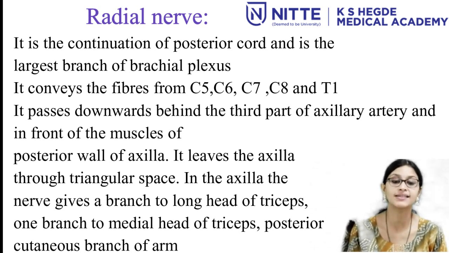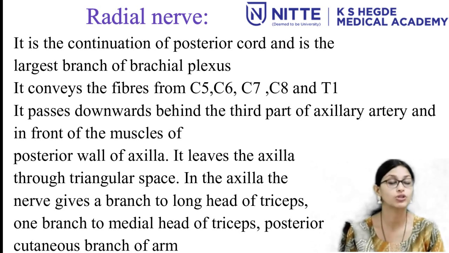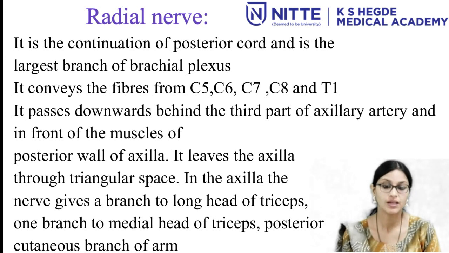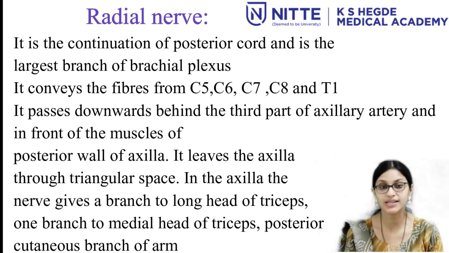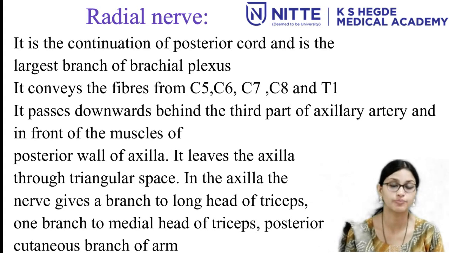It leaves the axilla through the triangular space, and in the axilla the nerve gives a branch to the long head of triceps, one branch to the medial head of triceps, and the posterior cutaneous nerve of the arm. So these are about the branches of the brachial plexus.